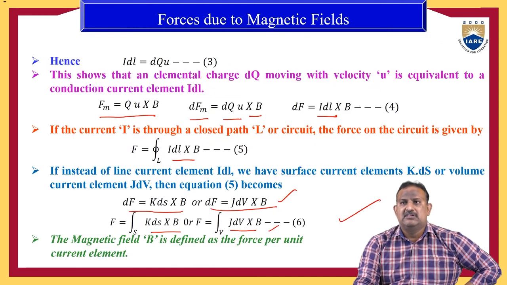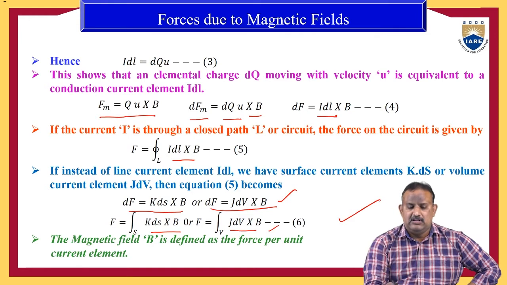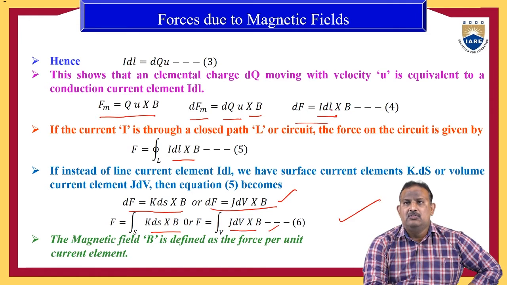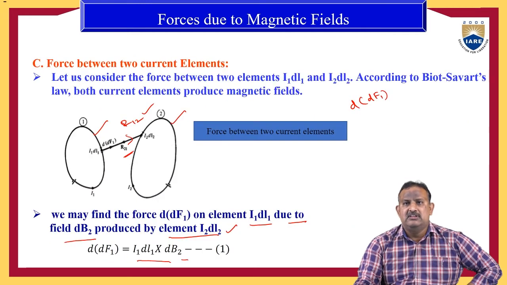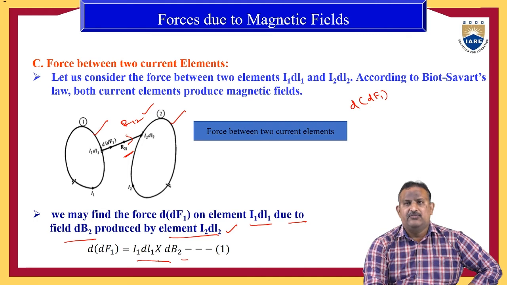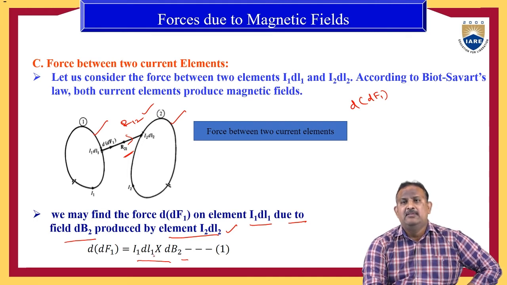Or in the previous equation, we have dF is equal to I dL cross B. Because here it is a double differentiation, we can write dF1 equal to I1 dL1 cross dB2.